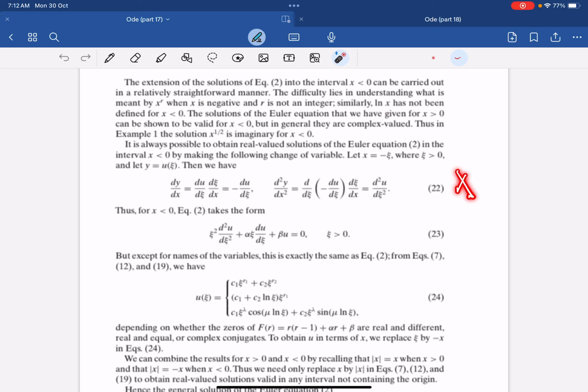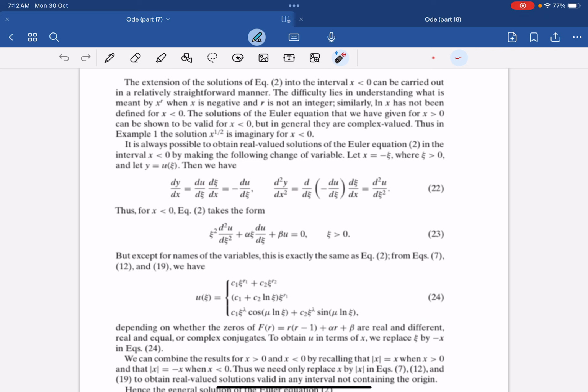You see, when x is less than 0 and r is maybe 3, then it is sometimes positive, sometimes negative. So it's kind of weird. And what's more, if it's like x to the power of half, then it's imaginary for x less than 0. So is it possible to obtain a real value solution?